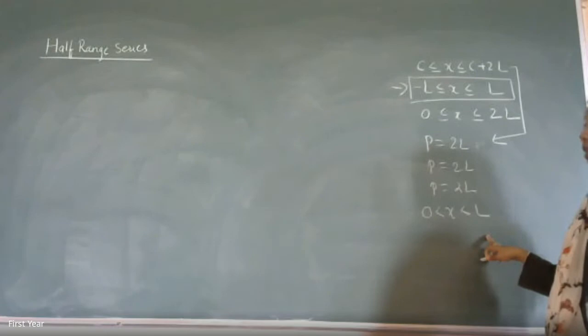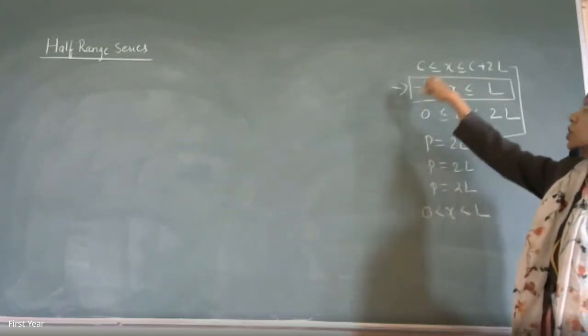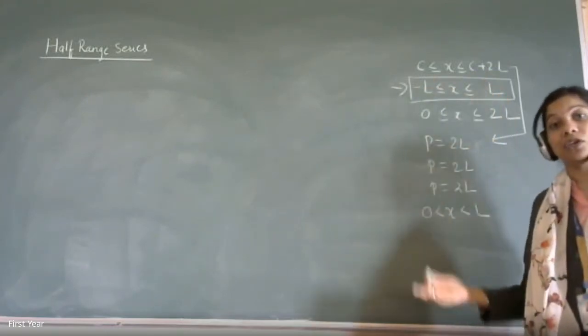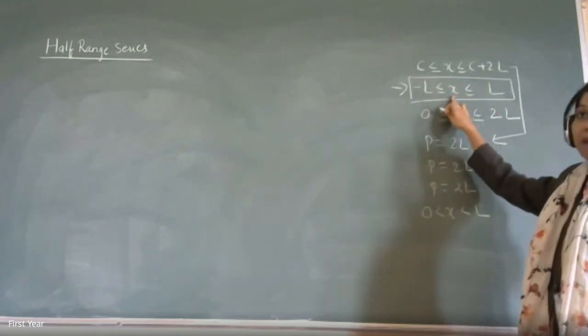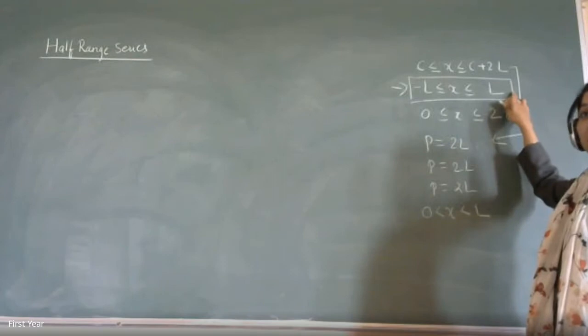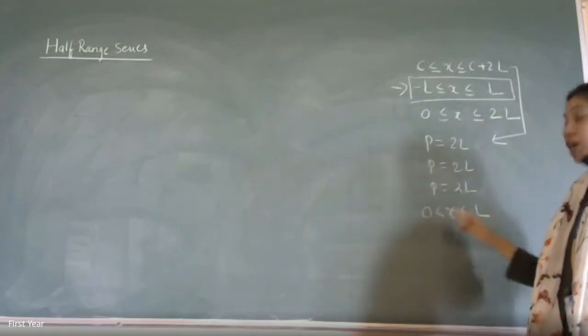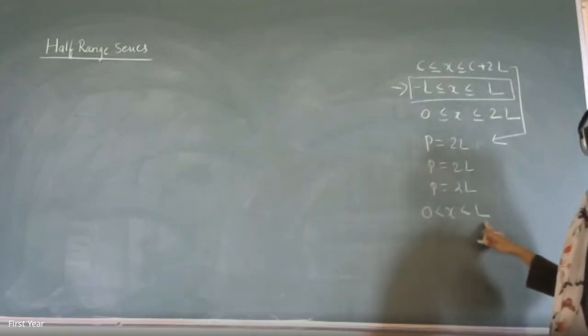If I want to write a cosine series or sine series, the range which is given in the question is minus n to n, which is the full range. So what will be the half range? Half of it. Minus n to 0 is one half range, and 0 to n is the next half range. So we will take the positive side, and that's why 0 to n will be the half range of the given function. Is it okay, everyone?